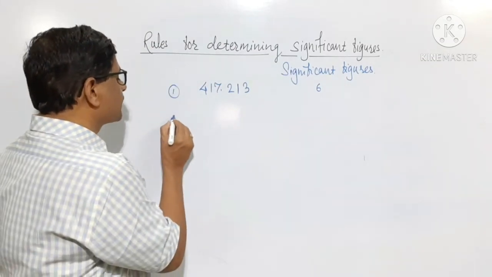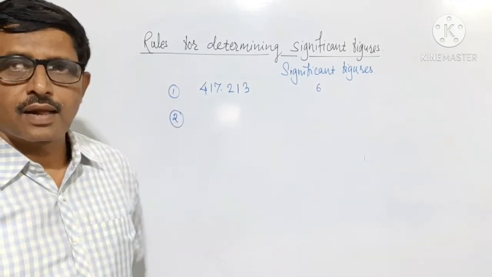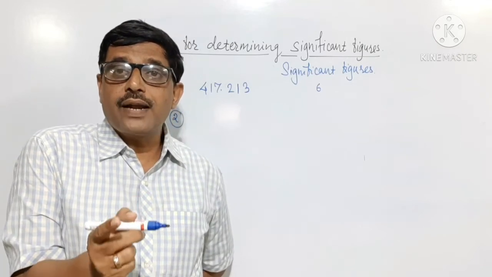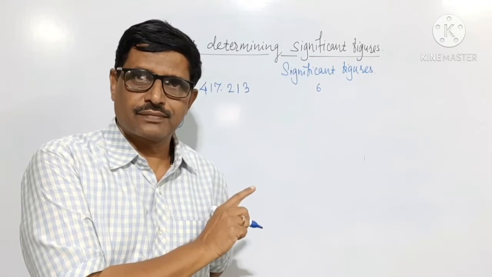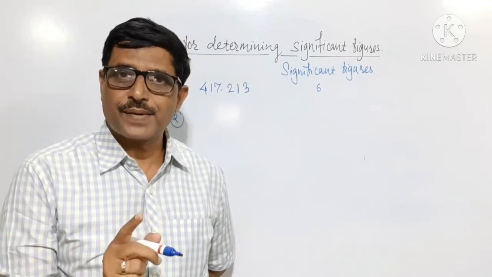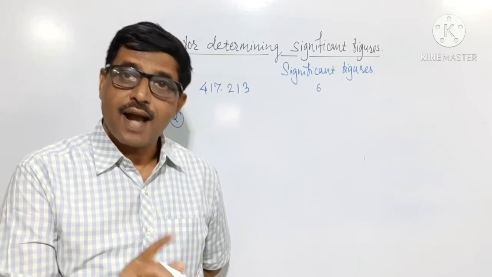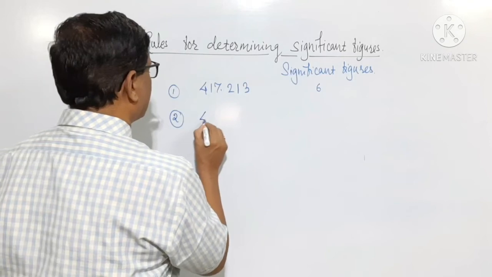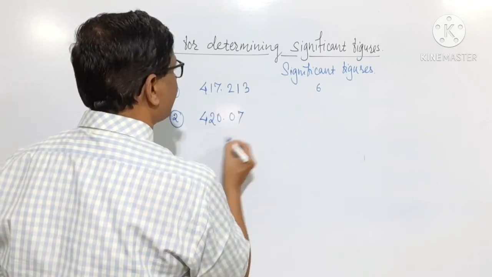The second thing is that the zeros which are present between two non-zero digits are significant. For that, if I take, it is 420.07.